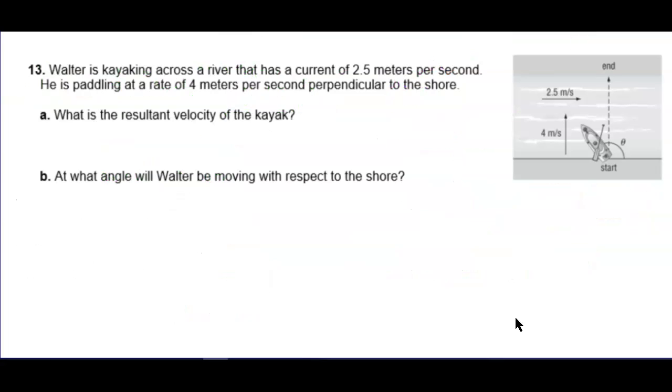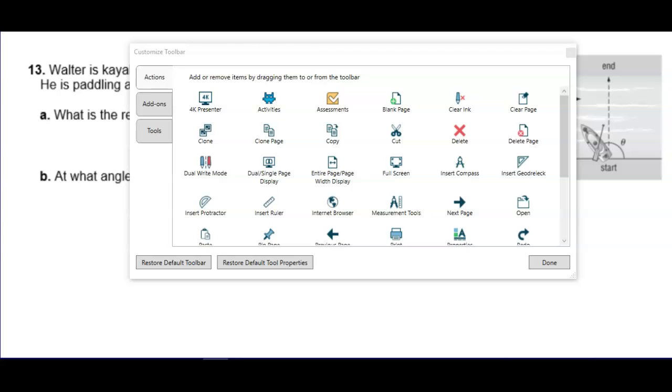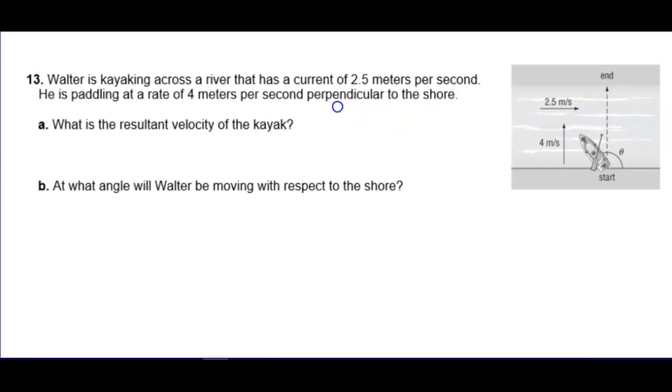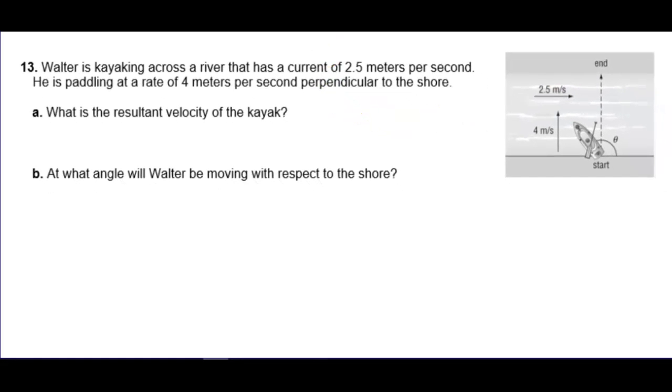All right, so this one, Walter's kayaking across a river that has a current of 2.5 meters per second, and it shows it moving directly to the right. So we could do 2.5 cosine of 0 and 2.5 sine of 0, because it's just moving to the right.